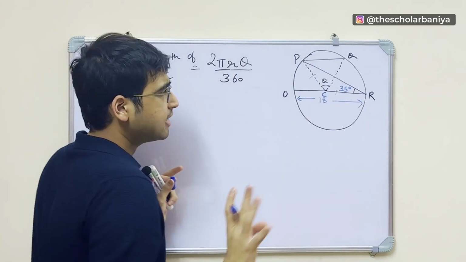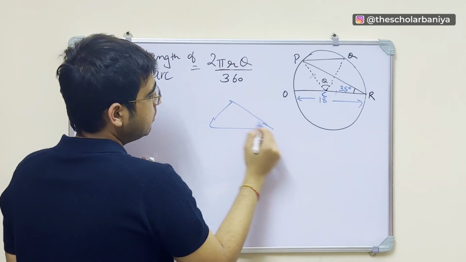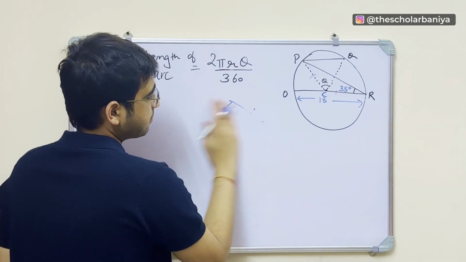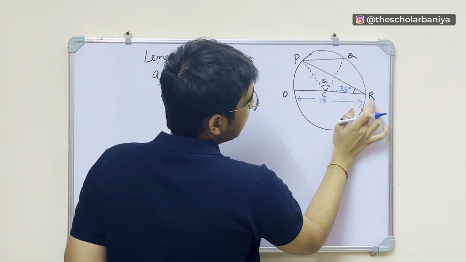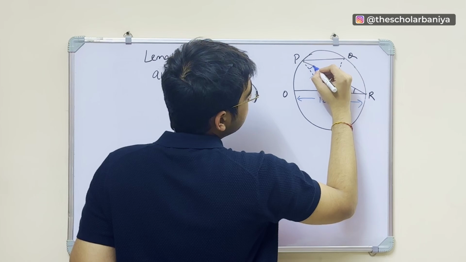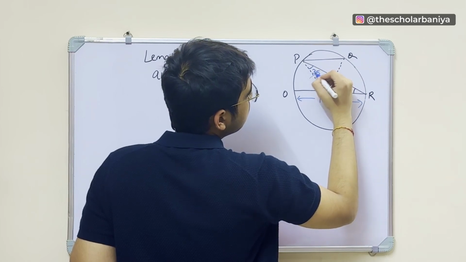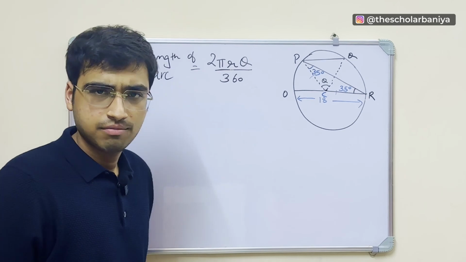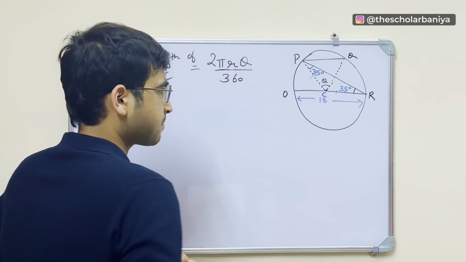I hope this makes sense. In a triangle, if these two sides are equal, then these angles are also equal, right? So if this is 35, this will also be 35. So this angle becomes 35. I hope this is clear.